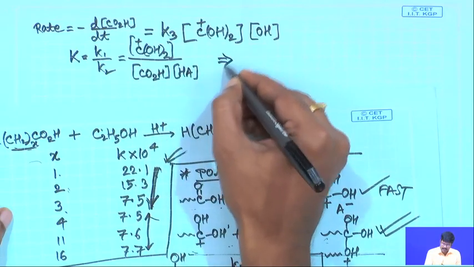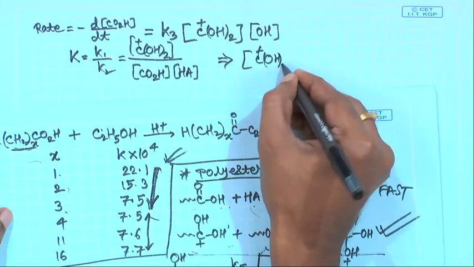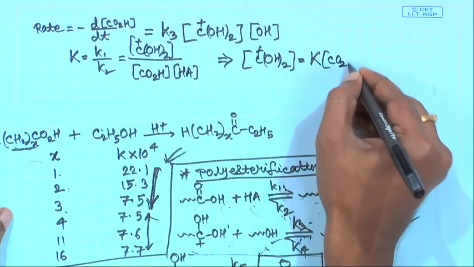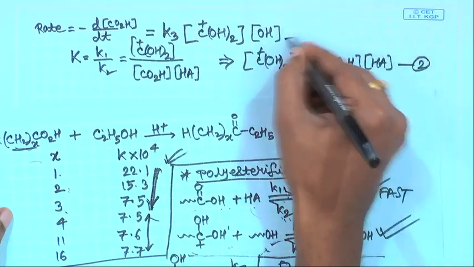So, from here you can have an expression of this term, and that term becomes equal to capital K into the concentration of CO2H into the concentration of HA. Call this equation 2, and the earlier one equation 1.